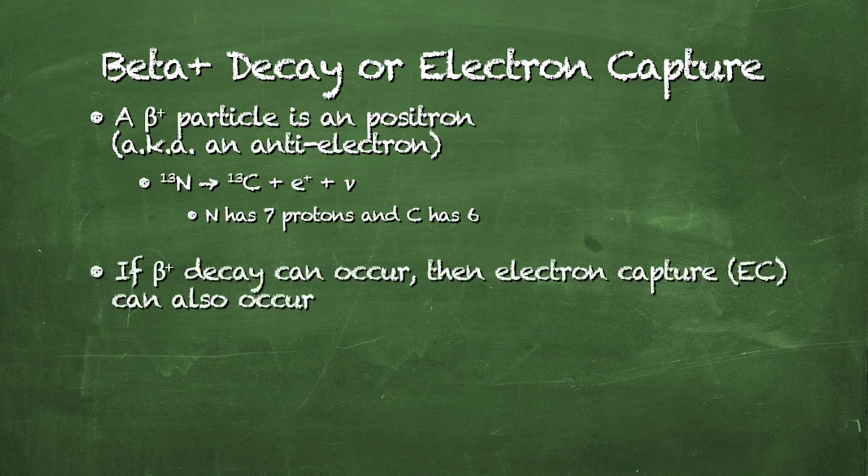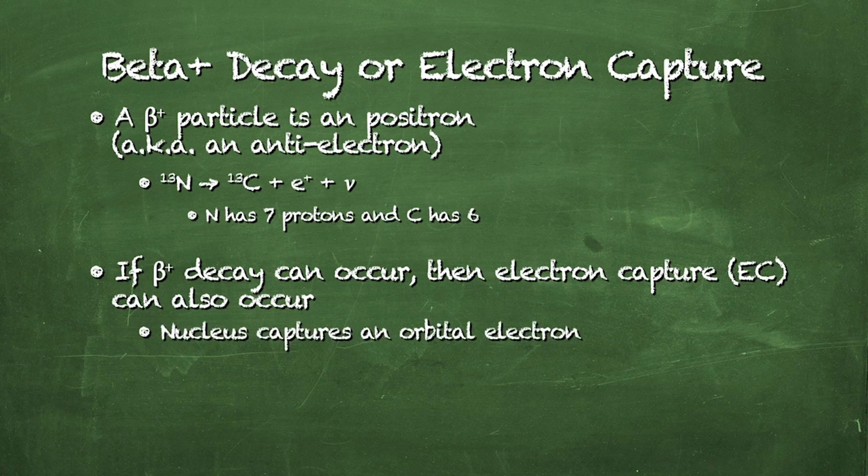Now, if beta plus decay can occur, then electron capture can also occur. What happens in electron capture is that a proton in the nucleus captures an orbital electron and becomes a neutron plus a neutrino. An example of this would be nitrogen-13 captures an electron and becomes carbon-13 plus a neutrino.